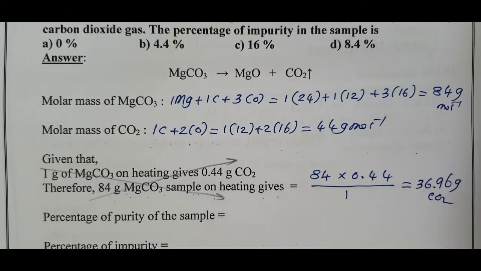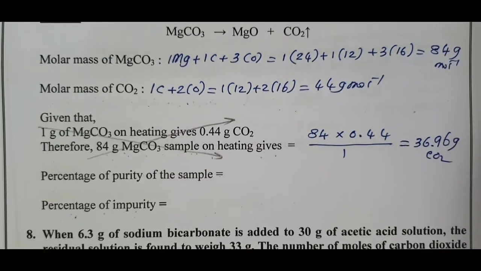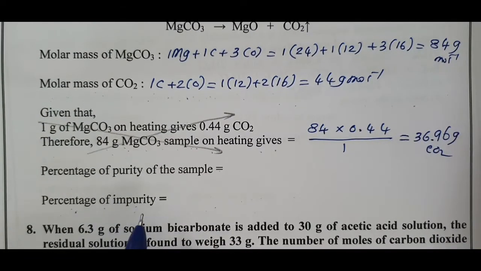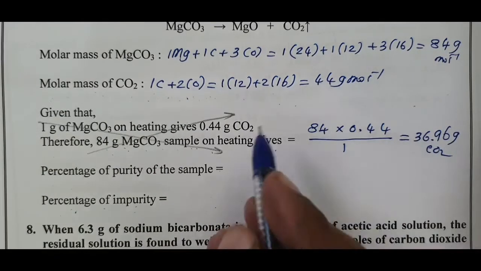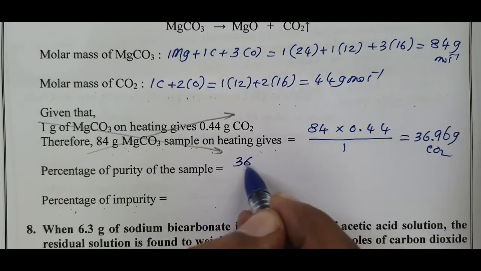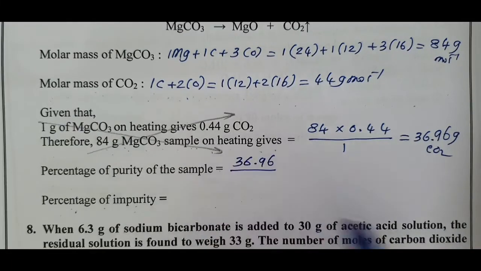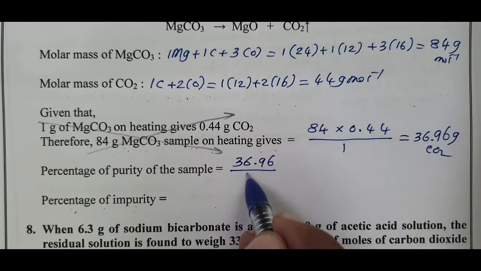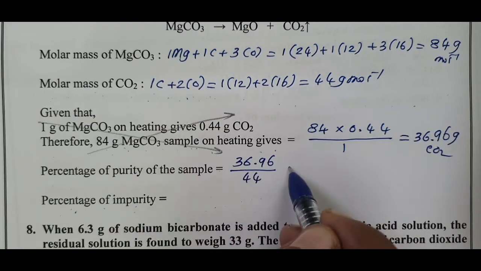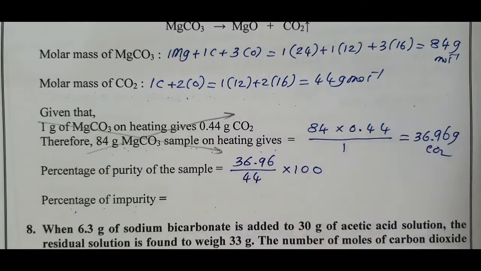Percentage of purity of the sample: if we find out purity, we can easily find out impurity. Percentage purity of the sample equals the weight of carbon dioxide 36.96 divided by the molecular mass of carbon dioxide 44, into 100. We can easily cancel this.